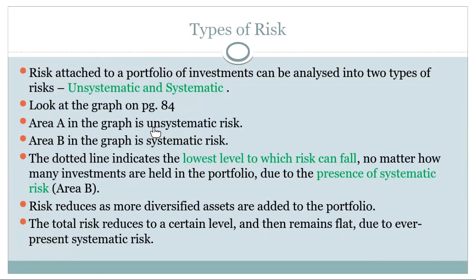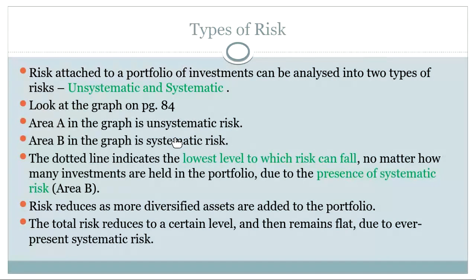So they might purchase assets in the mining industry, they might purchase assets in the food and beverage industry. They might purchase assets in the textile industry. 3 completely different industries with 3 completely different unsystematic risks. So in that way, I'm diversifying. But all 3 of those assets would have the same systematic risk.